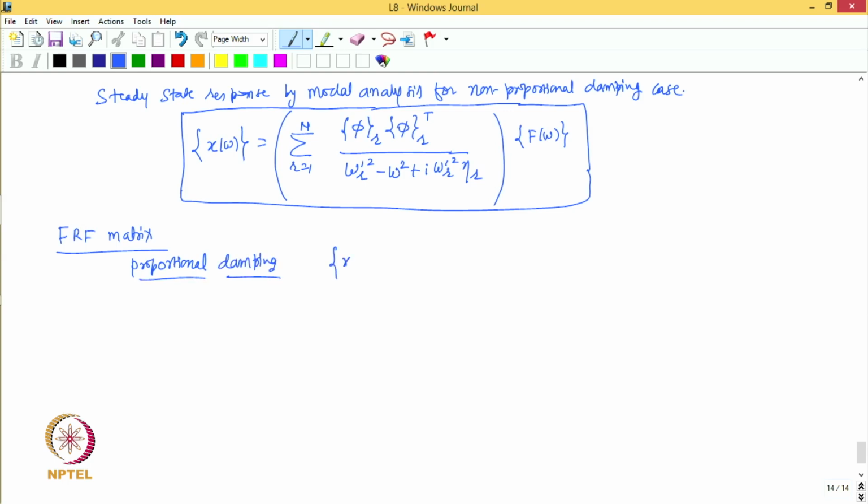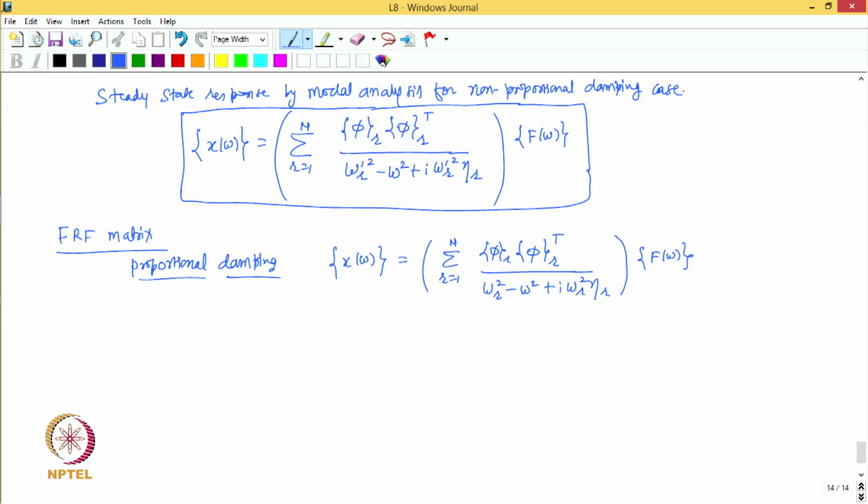For the case of proportional damping, the relationship between the steady state response amplitude vector and the force vector is given by the summation of phi r, phi r transpose, divided by omega r square minus omega square plus i omega r square eta r, times f of omega, with r varying from 1 to n.